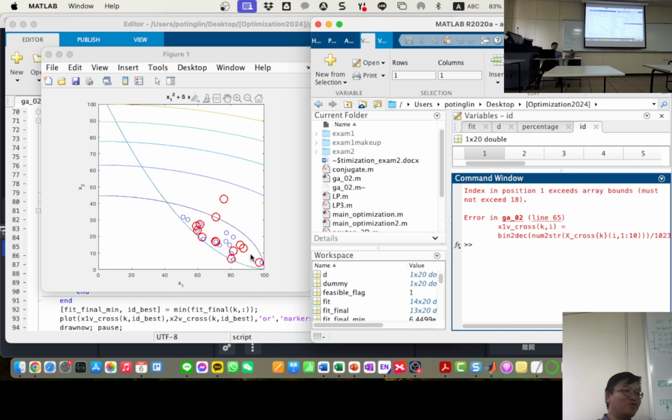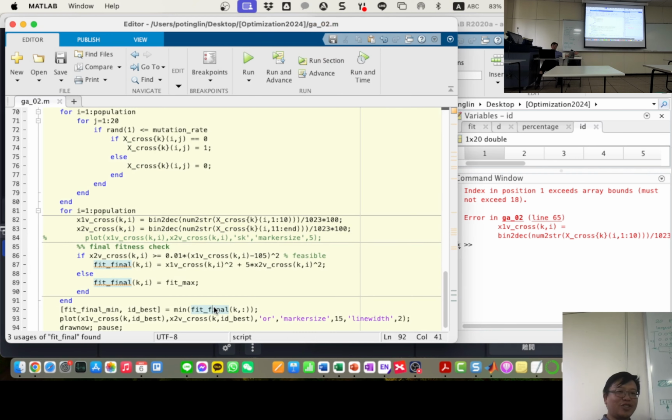The goal is to help you understand why GA can perform optimization without doing derivatives. Basically, it's a bunch of randomness. And let's get back to everything I said at the beginning. We have 20 chromosomes, 20 digits for the chromosome. So basically, the possible solution set is 2 to the power of 20, about 1 million possible solutions.